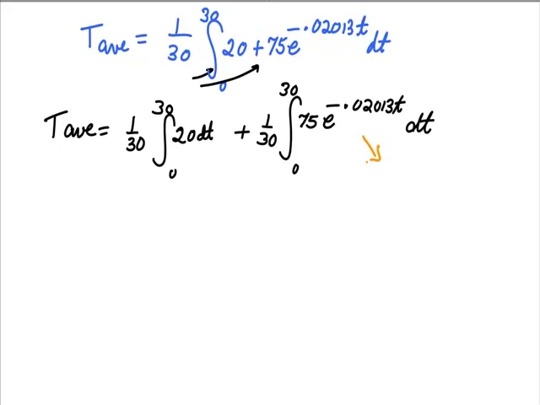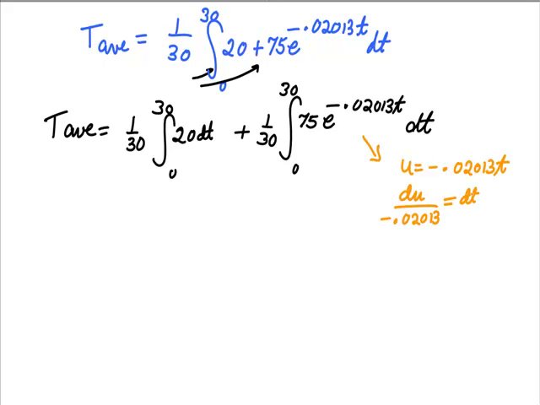So u will have to be negative 0.02013t. So du divided by negative 0.02013 is dt.